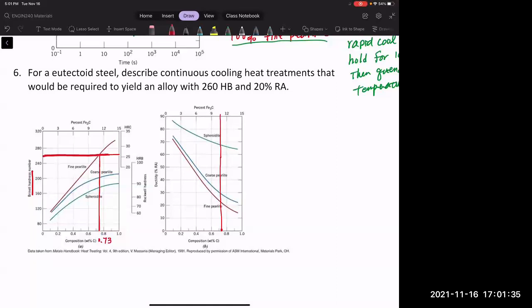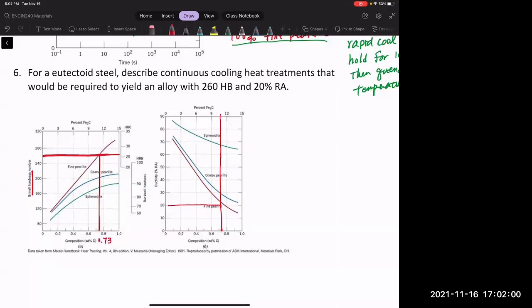Then you look at the ductility requirement, which is 20%. Okay, 20% is here. It also tells you that you need something close to pearlite, so you basically need to find how to generate pearlite at that composition.